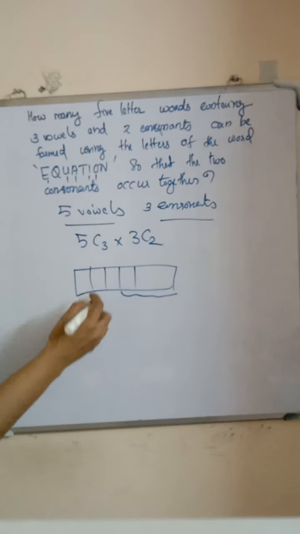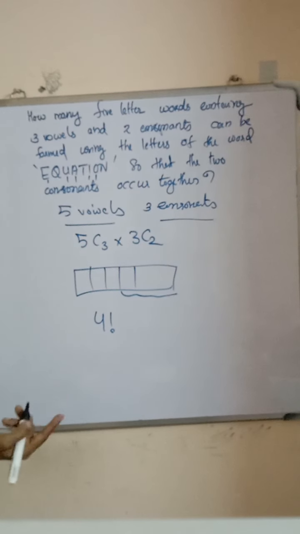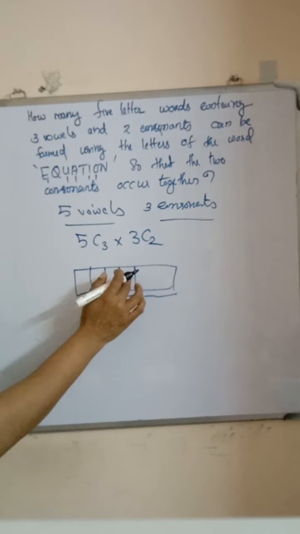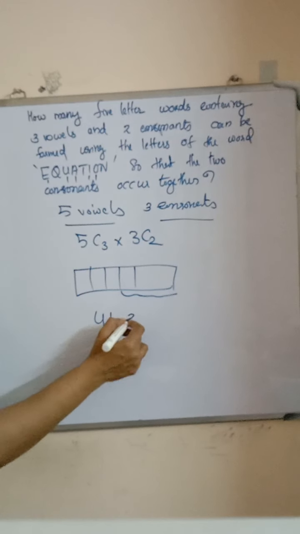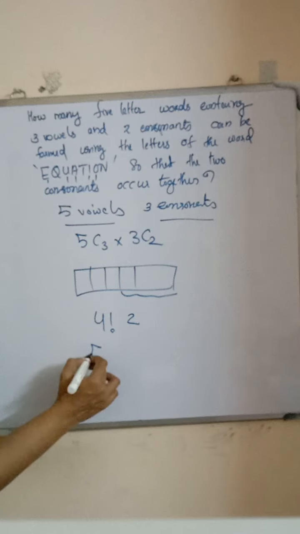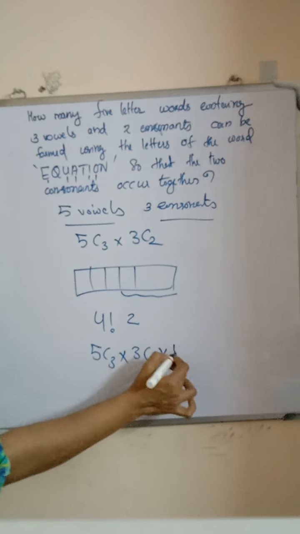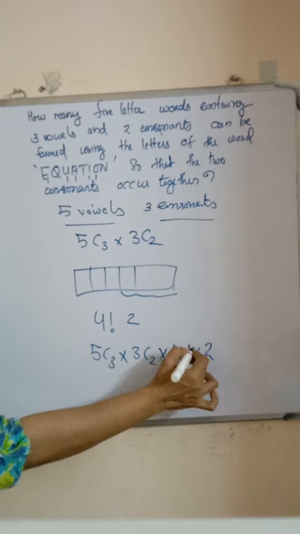So we get a total of 4 letters here, which can be arranged in 4 factorial ways. Also, the 2 consonants can be arranged in 2 ways. So the total number of ways equals 5C3 into 3C2 into 4 factorial into 2.